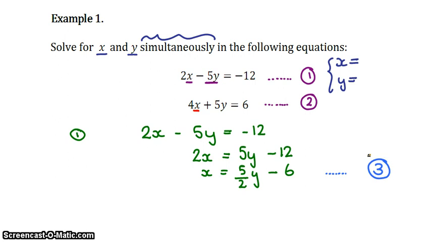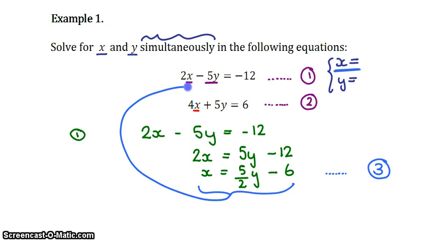Now, because we're looking for the x value that works in both, we're talking about the same x value that works in both. So this x value here is the x value that will work in that equation as well. It's the same x value. So what we do is once we've isolated a letter, we go and substitute it into the other equation.